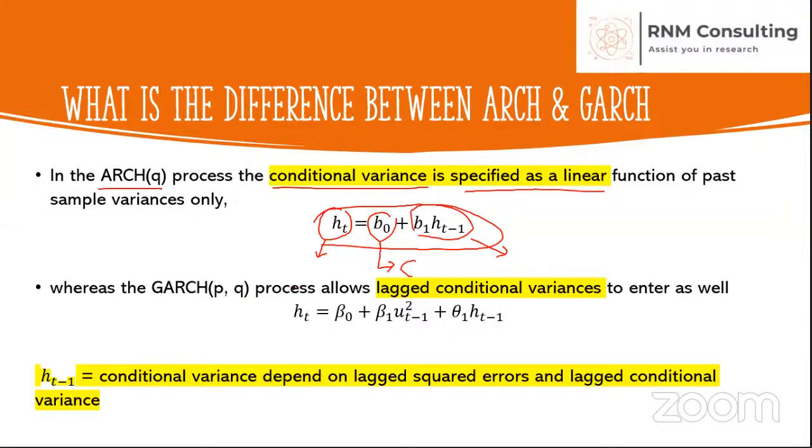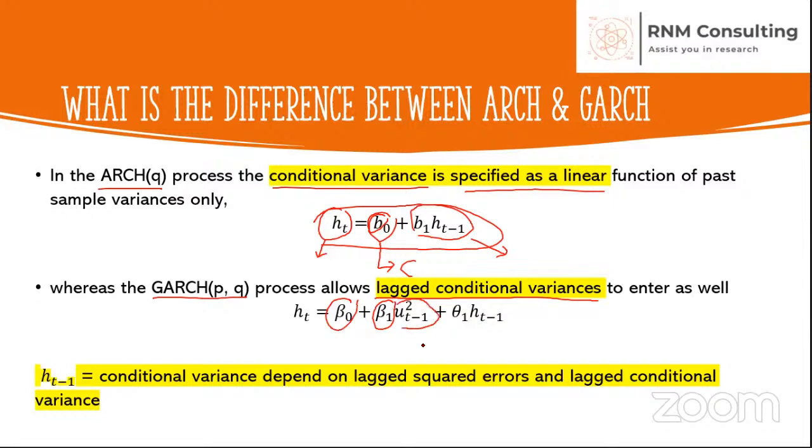However, the GARCH, extended from the ARCH model, allows a lagged conditional variance. So the models are almost the same. Although the symbol is different, this is beta 0, beta 1, it's the same as this one. The meaning is the same, but they have an error.